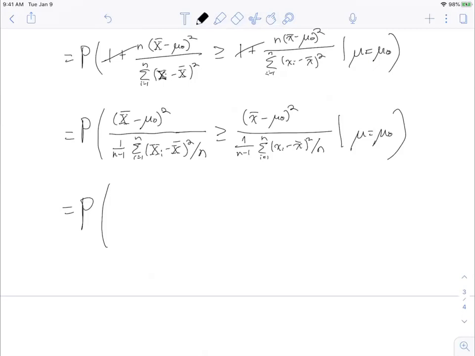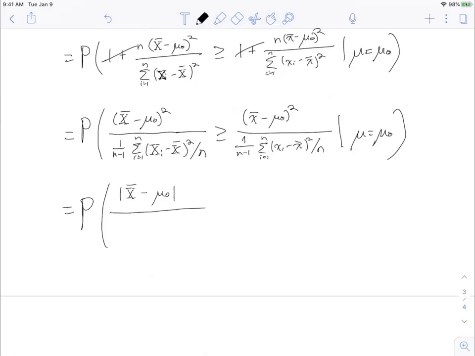So I'm just going to write the absolute value of x bar minus mu 0. I'm simplifying a little bit by thinking about absolute values, but it works out. It's basically a less headachy way to think about the same thing.